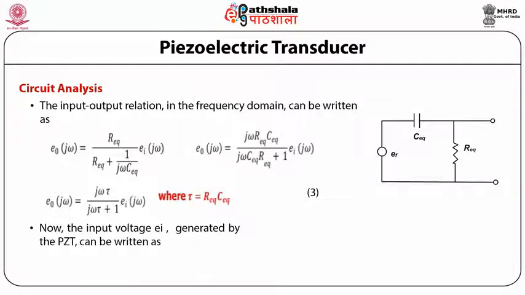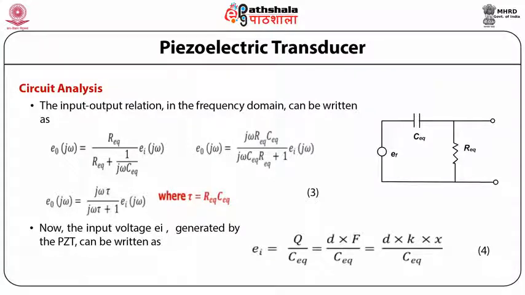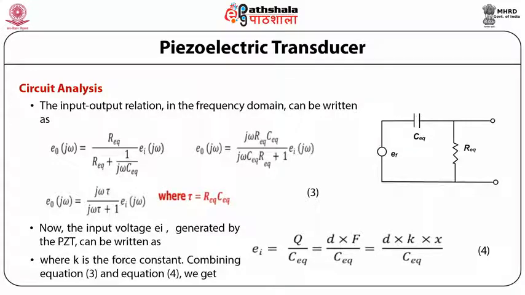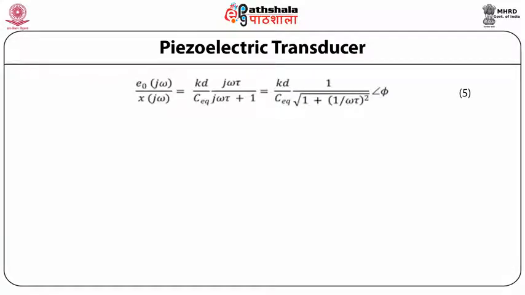Now the input voltage Ei generated by the PZT can be written as Ei equals Q by C equivalent, equals d multiplied by F divided by C equivalent, equals dkx divided by C equivalent, where k is the force constant. So combining the above equations, we get E naught j omega by x j omega equals kd by C equivalent multiplied by j omega tau divided by j omega tau plus 1.